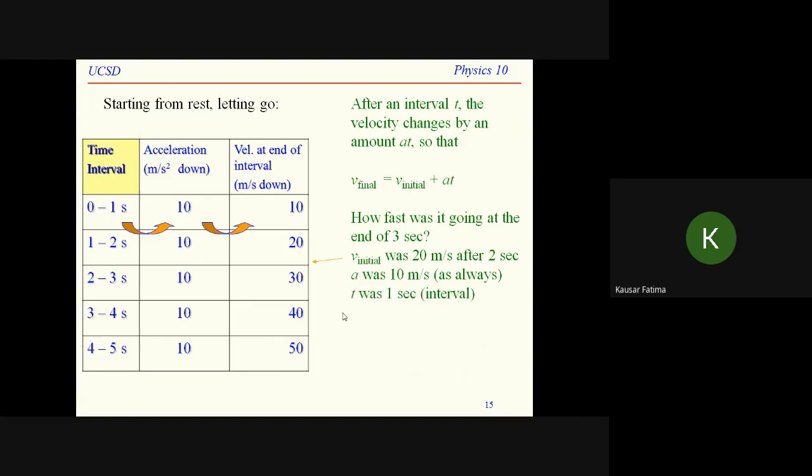So after every second, speed increases by 10 meter per second. You can do it this way: if initial speed is 20 and acceleration is 10, V is equal to u plus at, 20 plus 10 into 1 second, so the answer is 30. You can do it by calculation also this way.